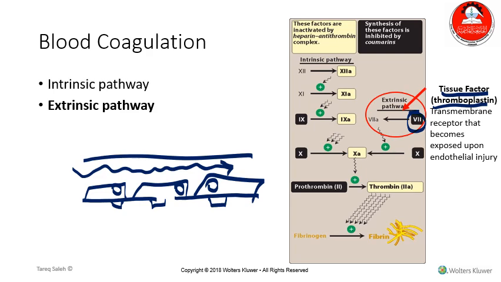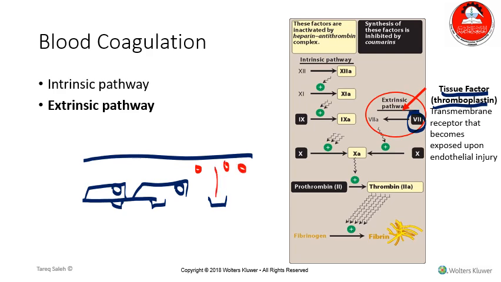So now let's assume that the blood vessel was subjected to physical trauma. We had some sort of damage in the blood vessel. This means that coagulation factor 7 in the blood will be exposed directly to tissue factor.